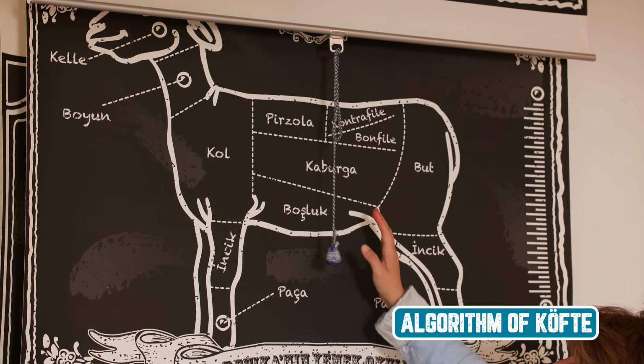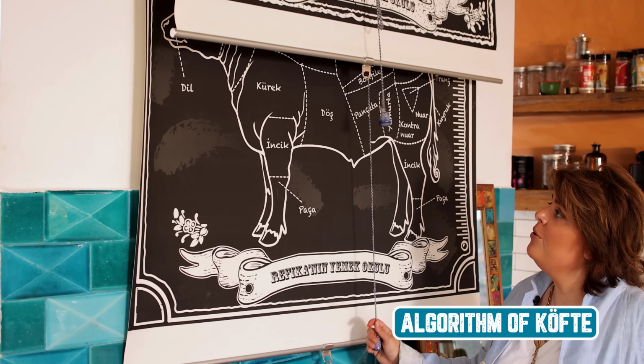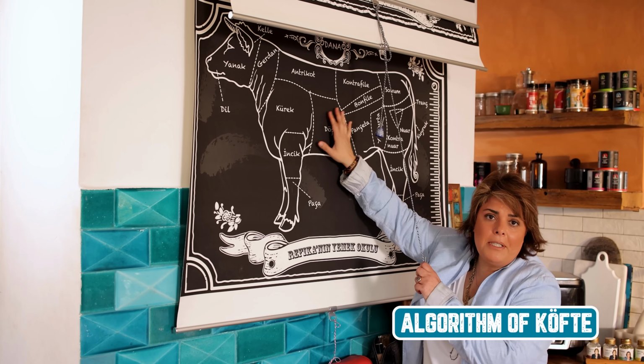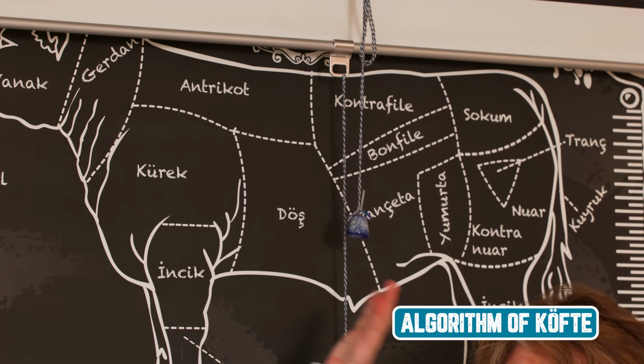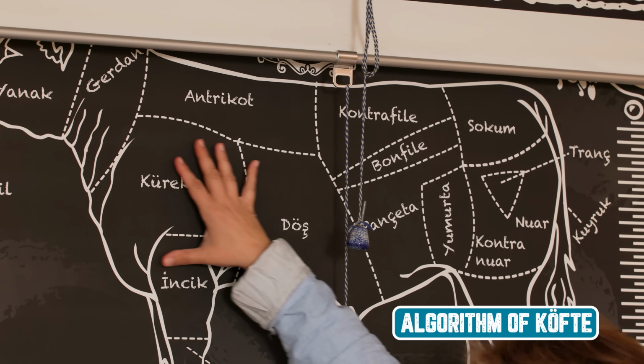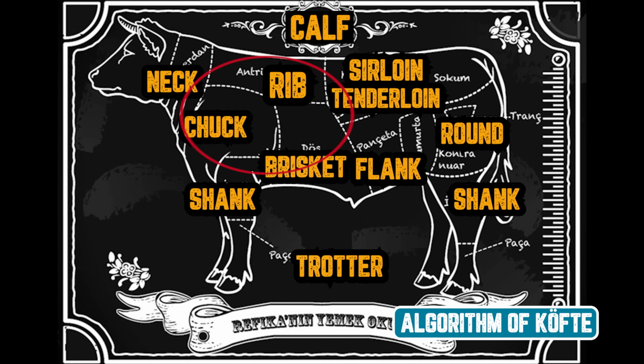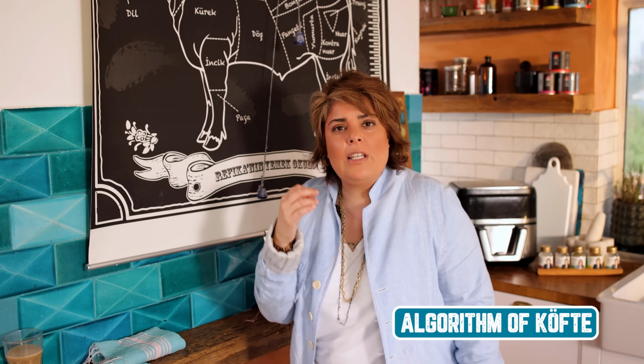What we do in perfect köftes in Turkey, we usually take the meat of the veal.